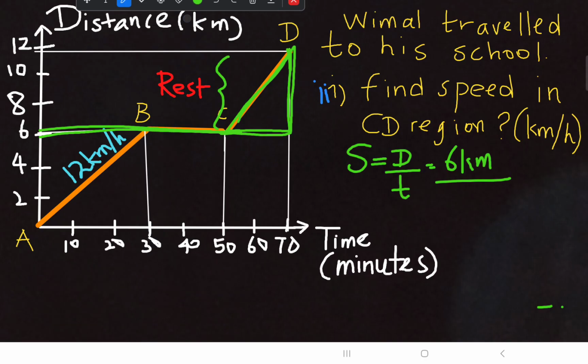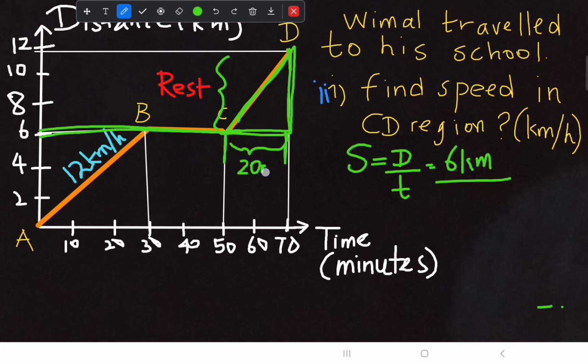To find the time, time is in minutes. Started from 50 and finishes at 70, so the time in between is 20 minutes. The distance he covered is 6 kilometers. So 6 kilometers should be divided by 20 minutes. But we cannot write time in minutes because we have to represent our answer in hours.